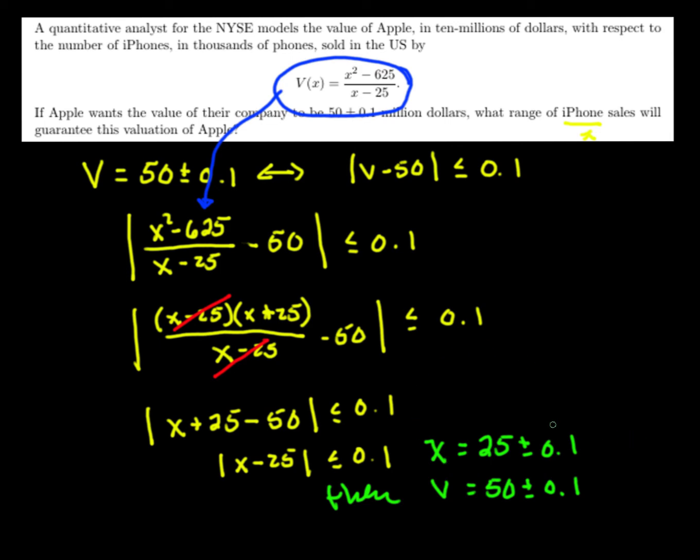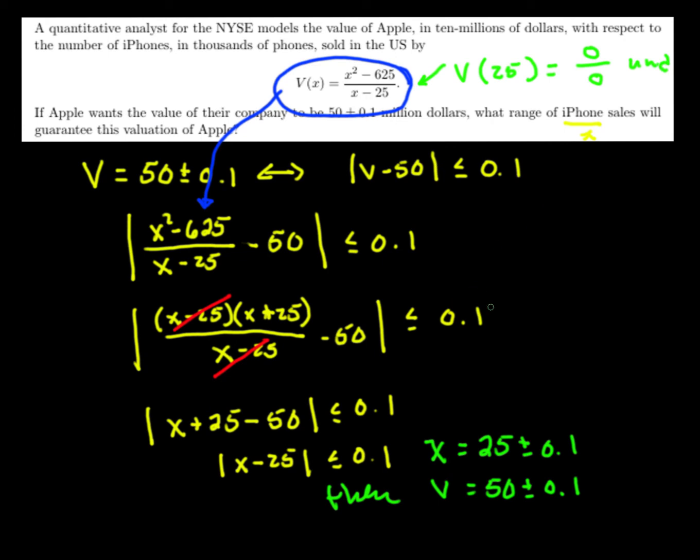Now, an observant student should notice that if I put 25 in here, V of 25 is not even defined by my formula, because this would be 0, since 25 squared is 625, and over 0, undefined.